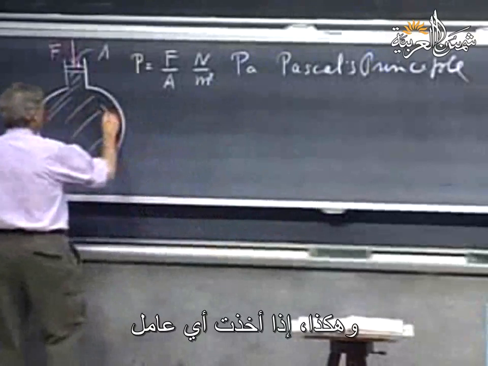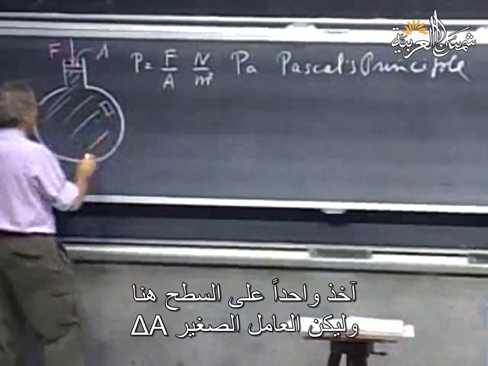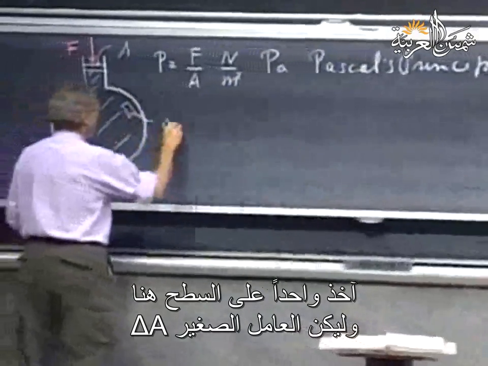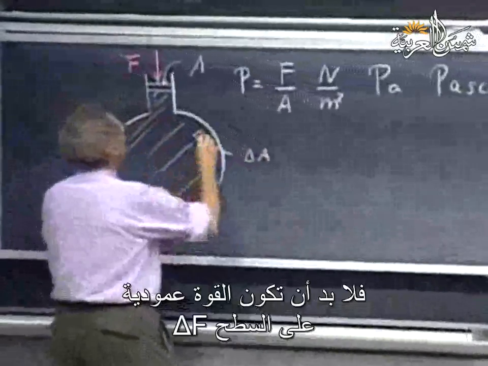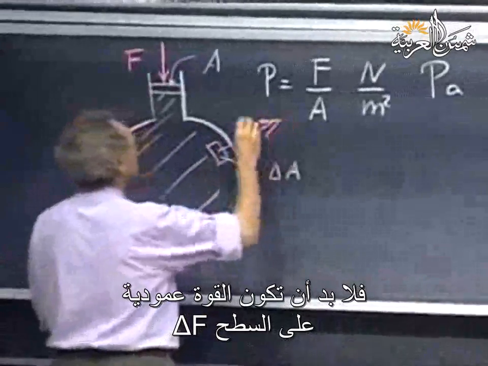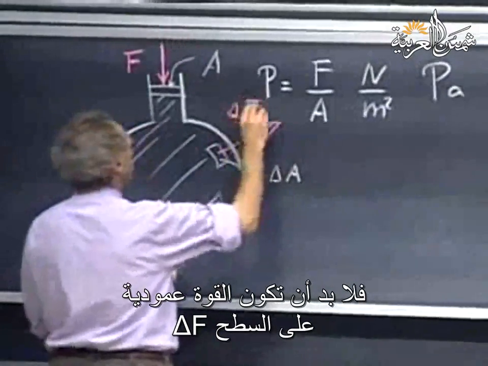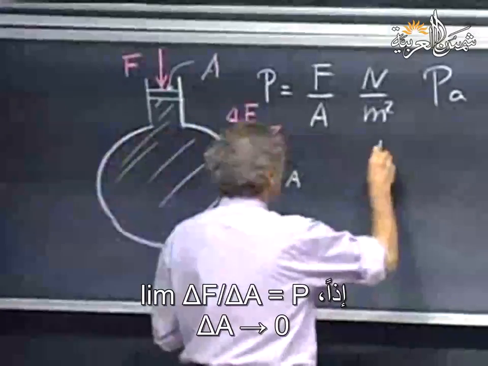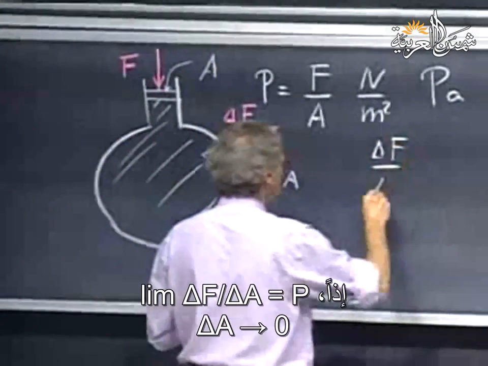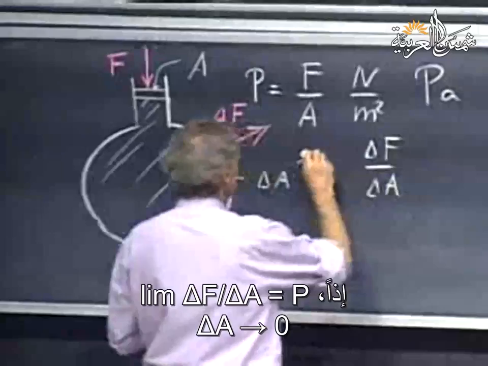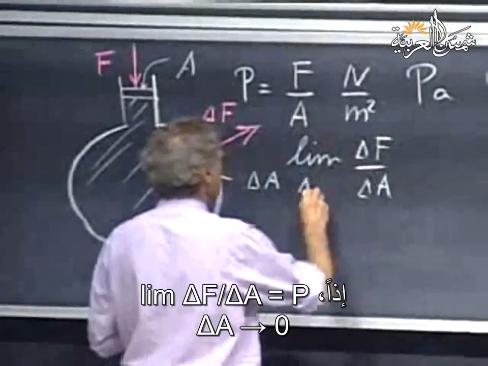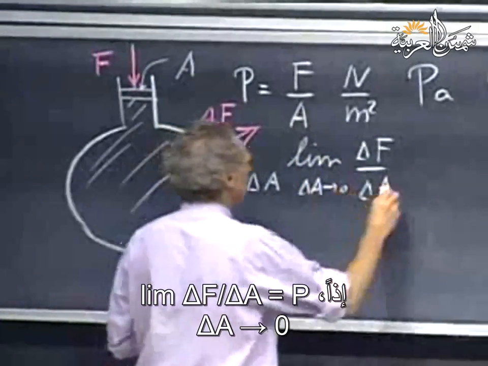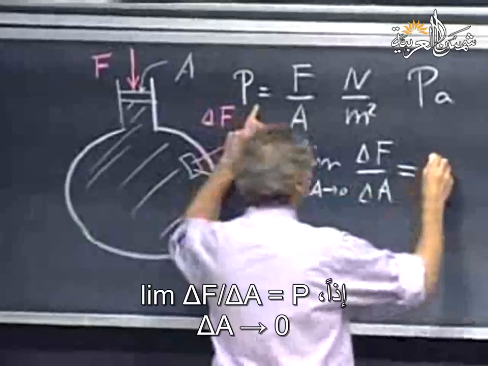So if I take any element, I take one here at the surface, a little element delta A, then the force must be perpendicular to that surface, delta F. And so delta F divided by delta A, in the limiting case, for delta A goes to 0, is then that pressure P.